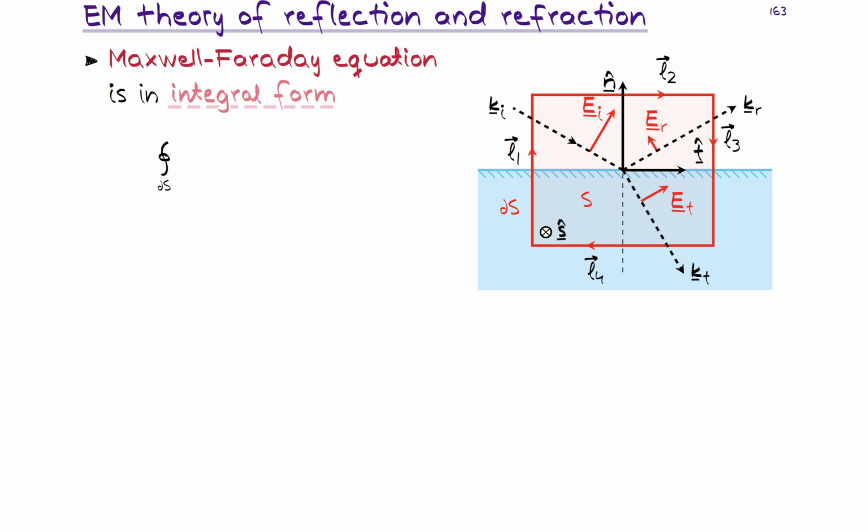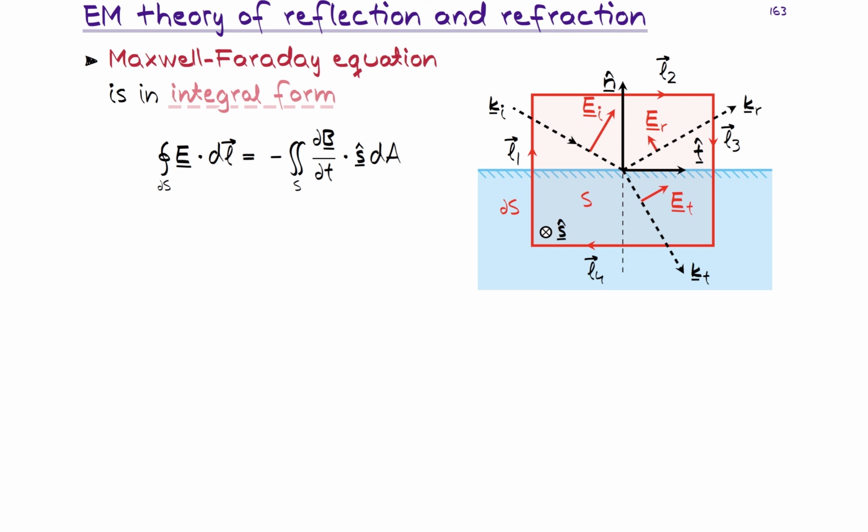We have a line integral over a given enclosed line defined with ∂S, and now we calculate the integral of E with the line infinitesimal differential dl. Based on the Kelvin-Stokes theorem, this is the same as minus the area integral over S of ∂B/∂t, the time derivative of the magnetic field.